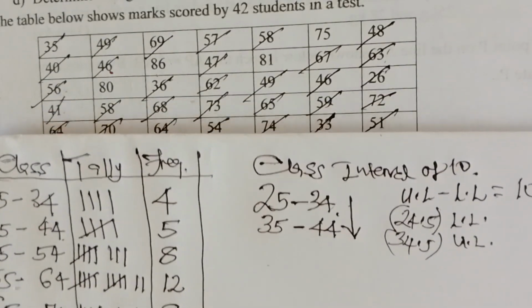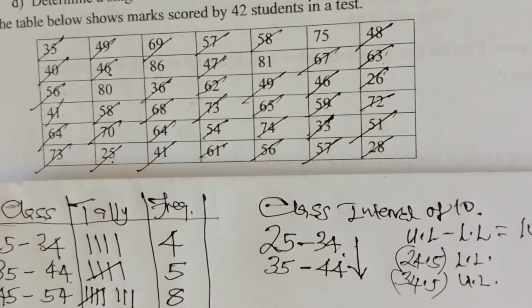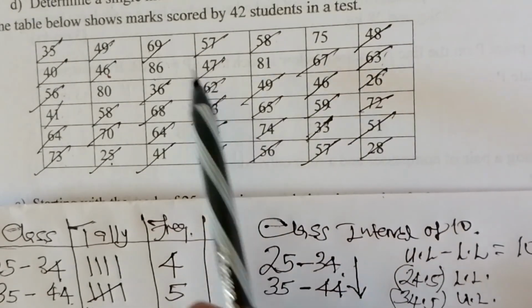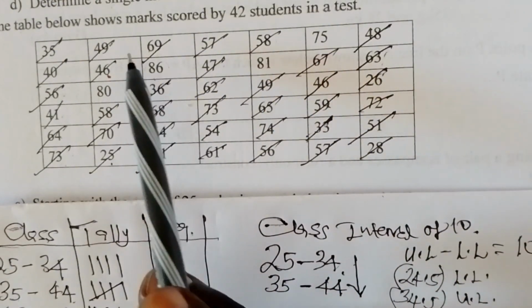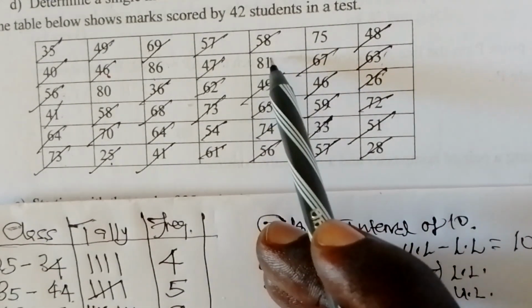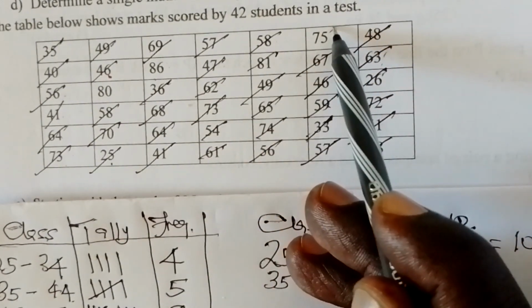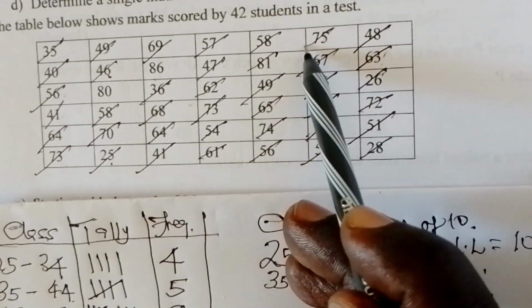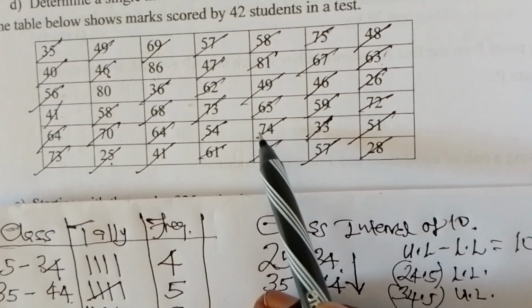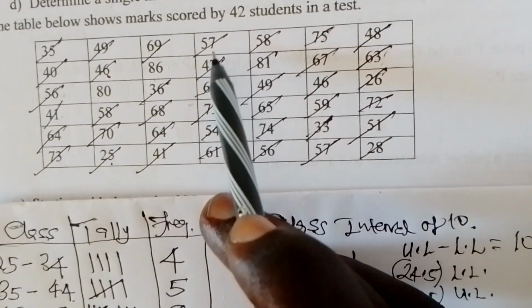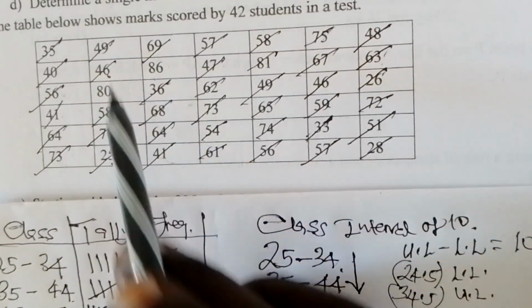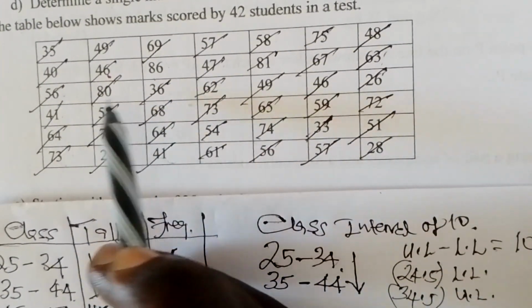And then between 75 and 84, you have 1, 2, 3.